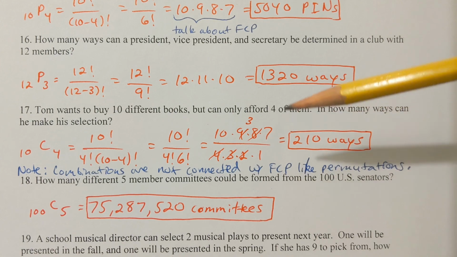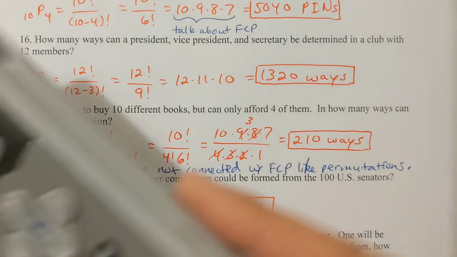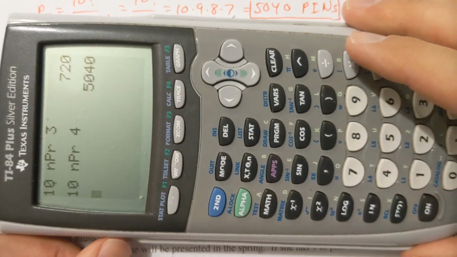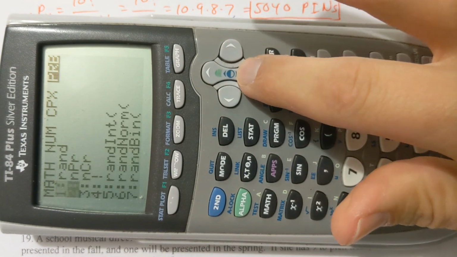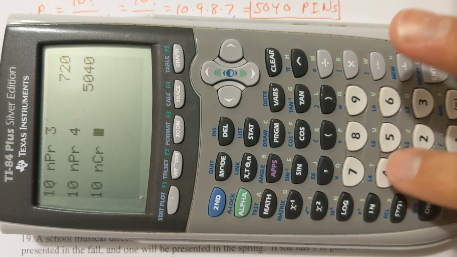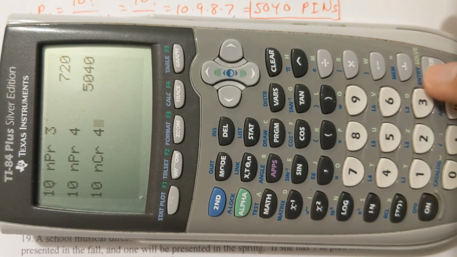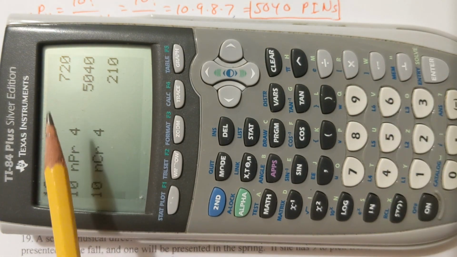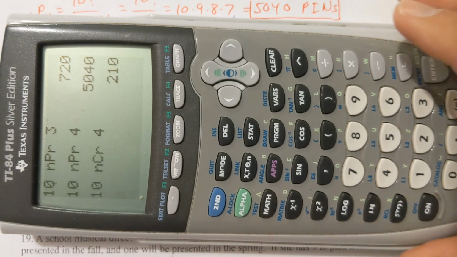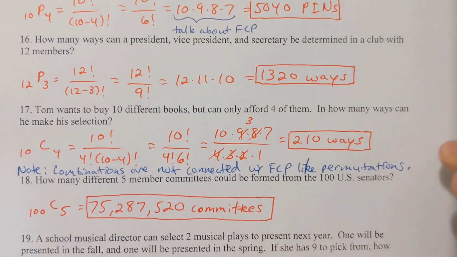If I compute 10 choose 4, here's 10, math, number 3, 10 choose 4, gives me 210. Notice how that number is much lower than 10 permute 4. That always happens. So let's go ahead and stop right there in the notes.